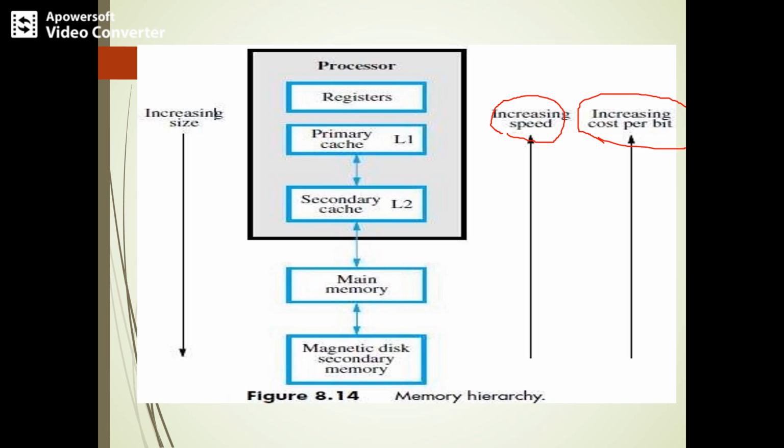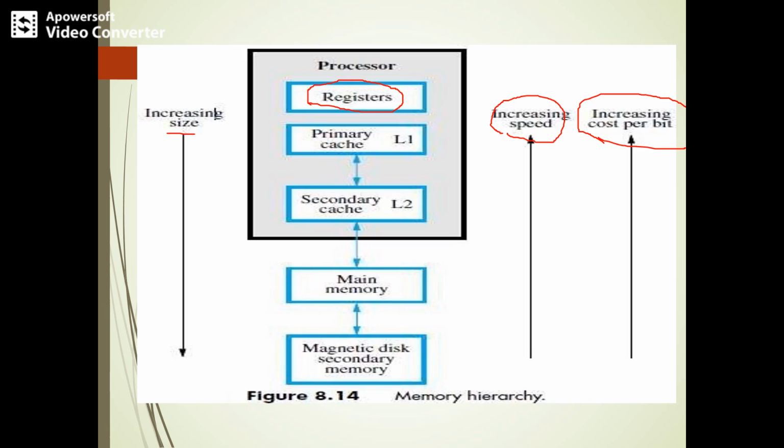If I am considering the other factor as size, the register size compared with the secondary storage is very small. So if I am considering register as a memory unit, the speed of operation is very high and cost is also high, but the size of the storage is very small compared with the other levels of memory units.